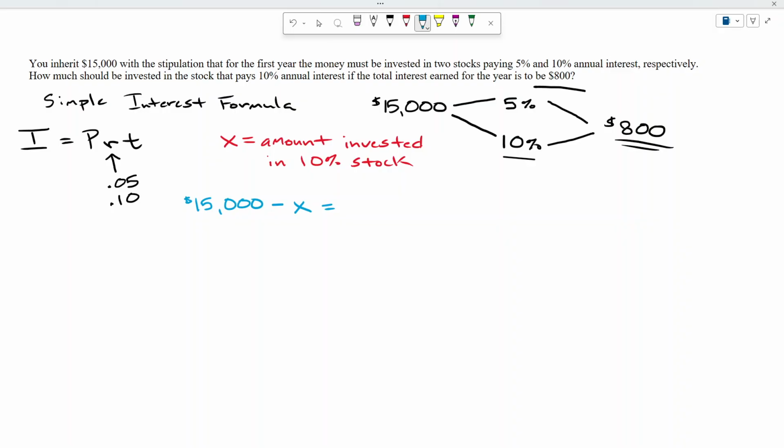So 15,000 minus x, whatever's left over, will be the amount invested in the 5% stock.